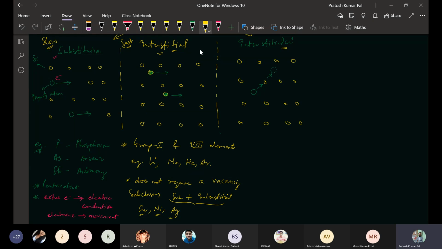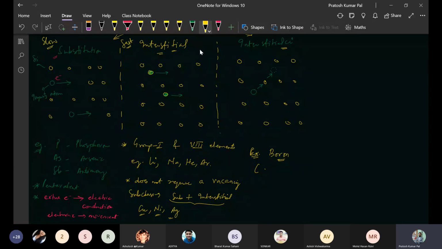This is called interstitial C. The example of this interstitial C is boron. So boron is a type of diffusant or dopant that shows the nature of interstitiality type of diffusion. This is the only p-type diffusant that shows this interstitiality method of diffusion.